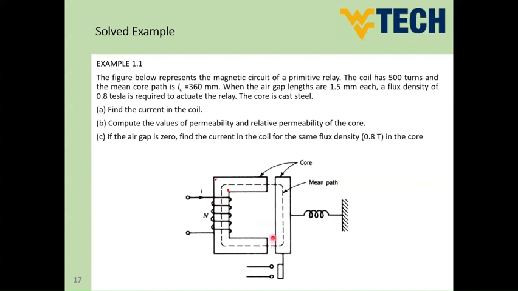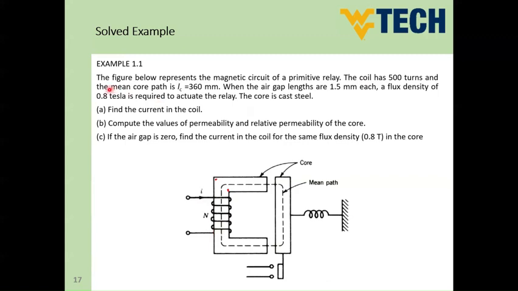So let's see this example here and investigate the performance of this circuit. The example says the figure below represents the magnetic circuit for a primitive relay. This relay, as you can see, has a coil of 500 turns.